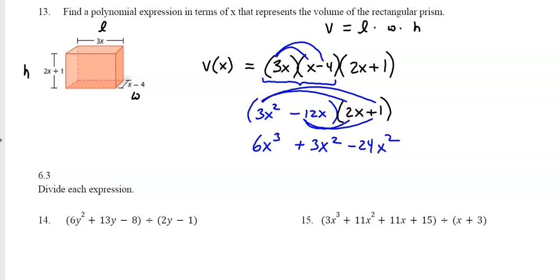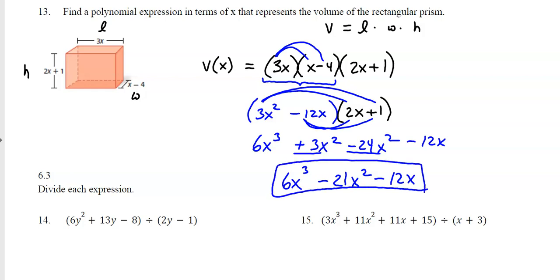And negative 12x times positive 1, negative 12x. And then I clean this up, combine like terms in the center there. Positive 3, negative 24, that's a negative 21. Boom. There's an expression that will represent the volume. For any x that I slap in there, I should be able to get the answer out of it.